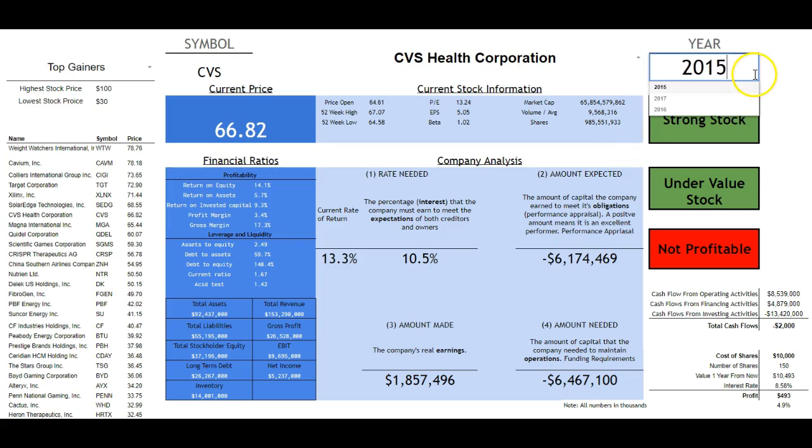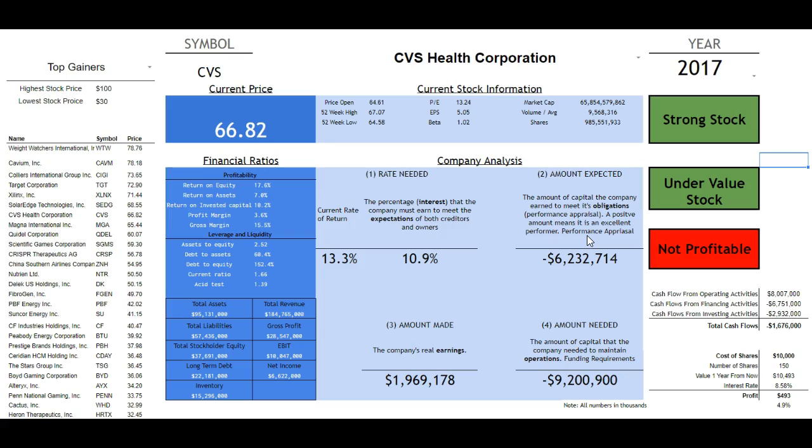In all 3 years that we analyzed, we saw that the amount expected was always constant, but it always surpassed the amount made, meaning that although they made very good earnings during these 3 years, they did not attain a positive amount here, which means that it's not an excellent performer.